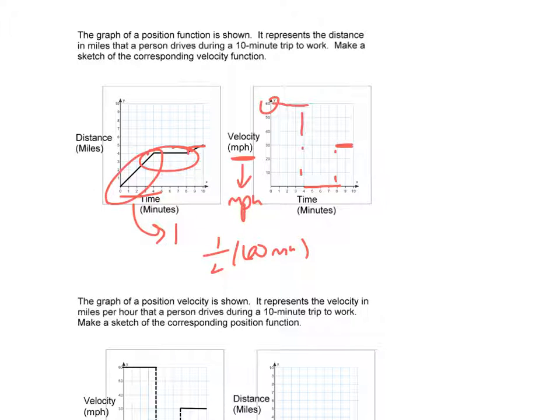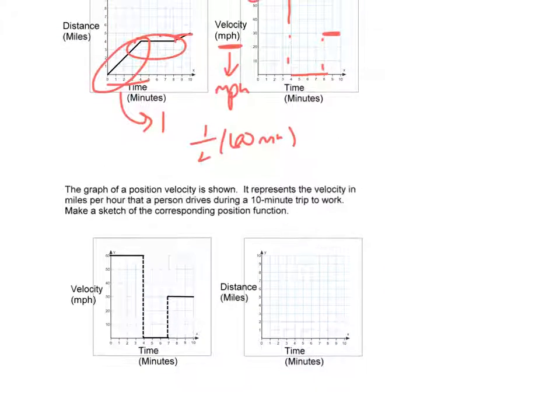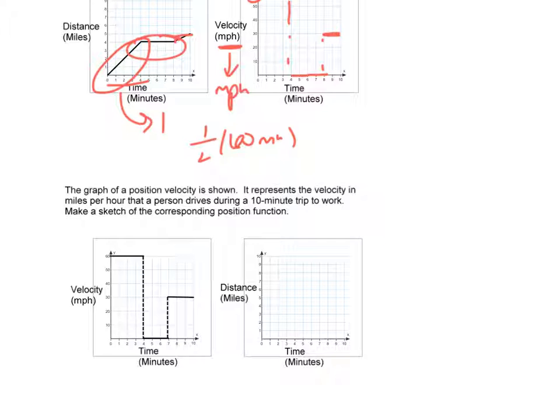If you notice on the next graph, now they're having you go from velocity to distance, and you can probably see it's almost exactly the same thing. If it's 60 that you're going to convert to minutes and it's in hours, you're going to do 60 over 60. So between 1 and 4, your slope is going to be 1. You're doing rise over run here.